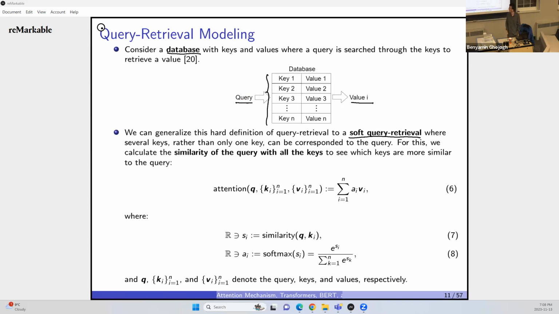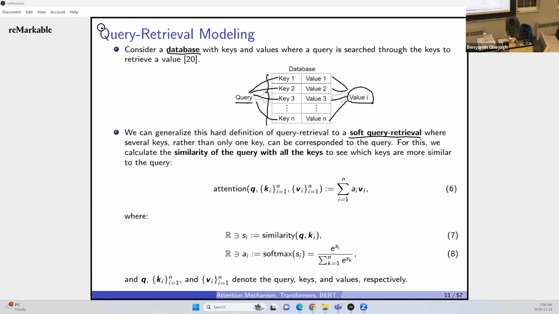For example, it is very similar to key 1, a bit similar to key 2, less similar to key 3, very similar to key n, etc. Then we find some weights of similarity, and we let the output value be the linear combination of all of the values with the same weights that we found between the query and the keys.